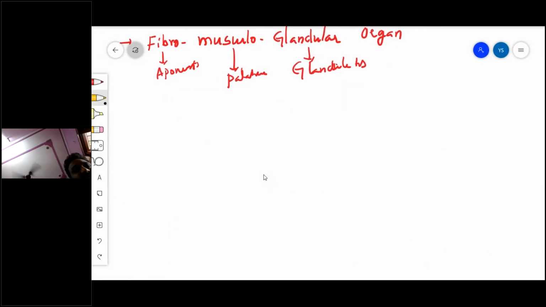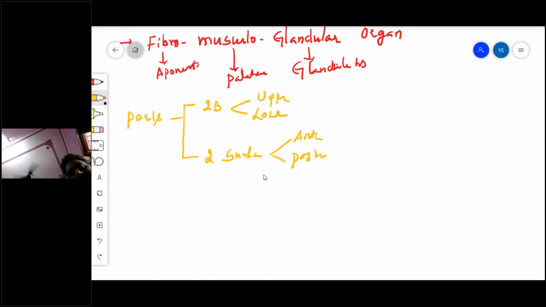So what are the parts of the soft palate? Two borders, upper and lower, and two surfaces, anterior and posterior. The upper border is attached to the hard palate.